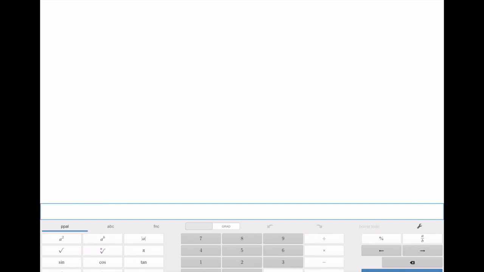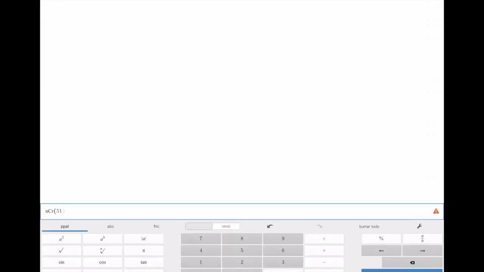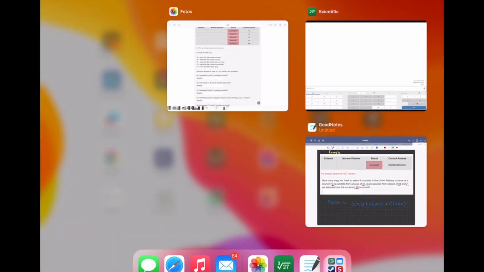Here I have a function, notice it's at the bottom: combinations. 51, 3 times, by the way, this is the Desmos Scientific calculator.